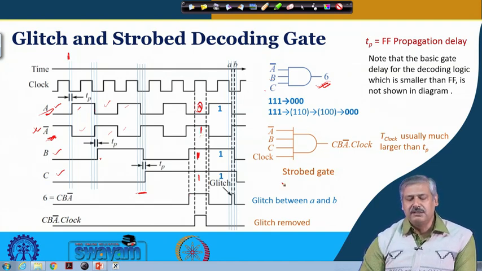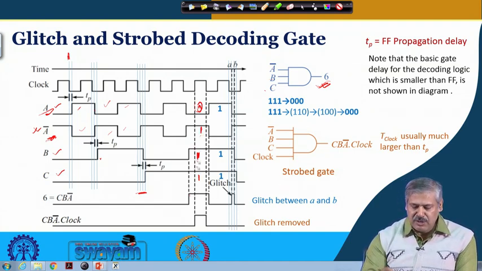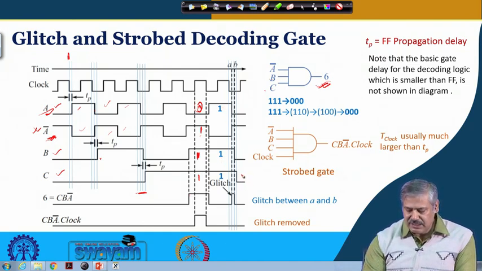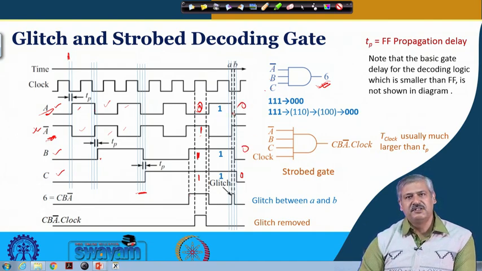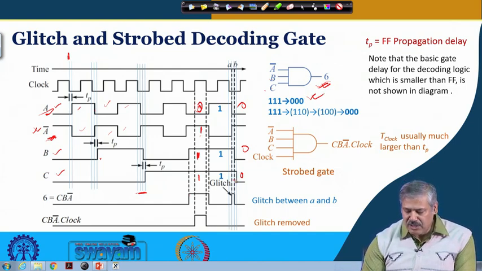Now, moving forward, after 1 1 0 there is 1 1 1, and after 1 1 1 it should be 0, 0, 0. This is the value that is expected. But because of the propagation delay, after 1, 1, 1, you can see for a small duration it is still remaining at 1.